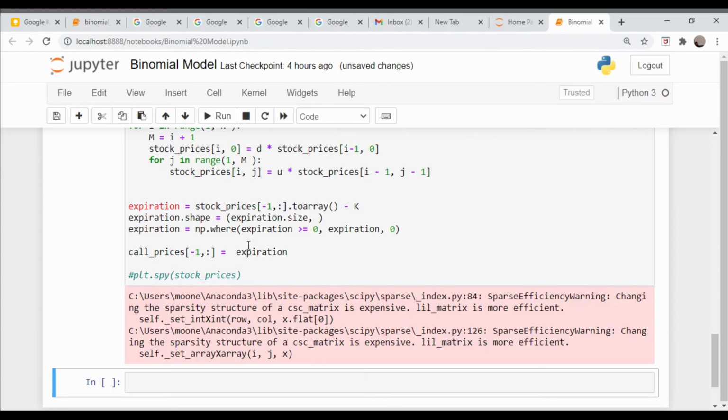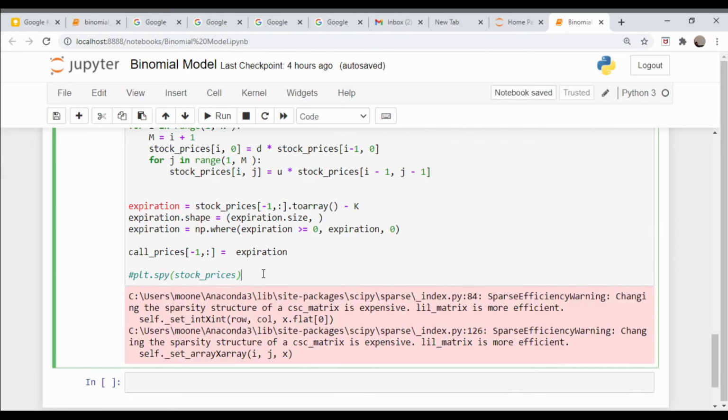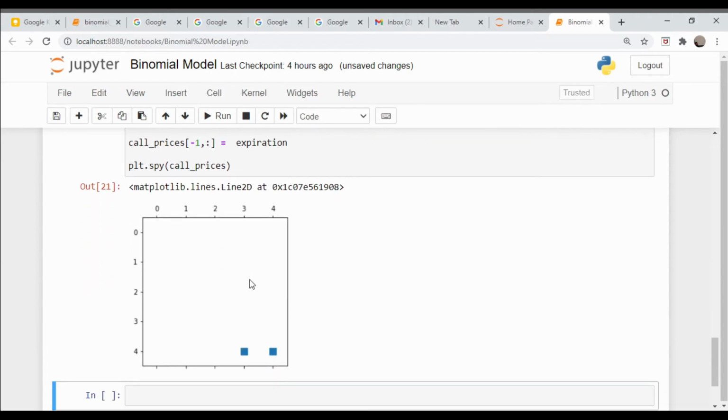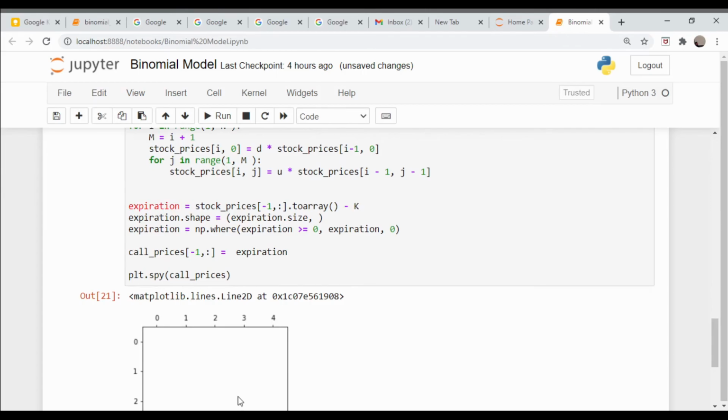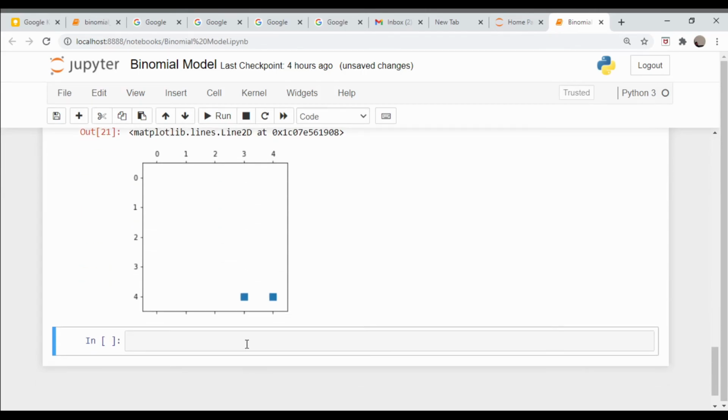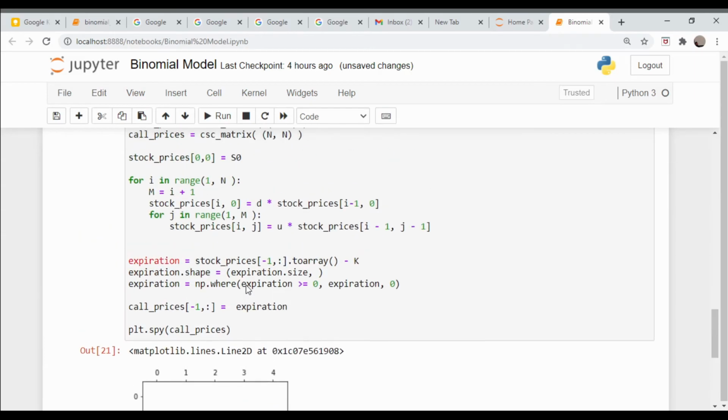Does it run? Yes, it does. So let's actually do a spy on this call prices matrix now. It should only be the last row, and indeed it was. If you remember that print statement, which I unfortunately deleted, these other three values were also 0. So we only have these two populated with something that will appear in our spy matrix.